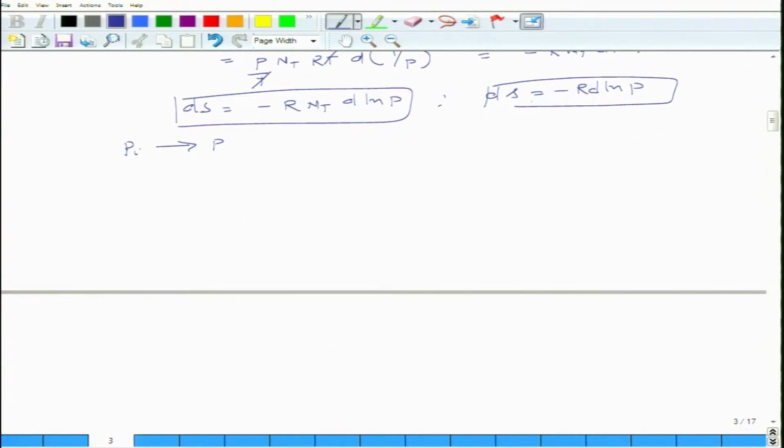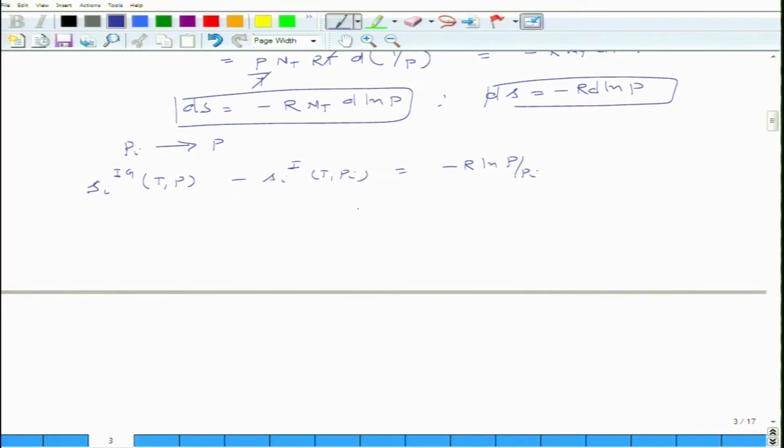Considering the molar expression, small s i of the ideal gas at temperature T and pressure P minus small s i at T and Pi is going to be equal to minus R ln P by Pi, because that is the simple expression, there is nothing else.